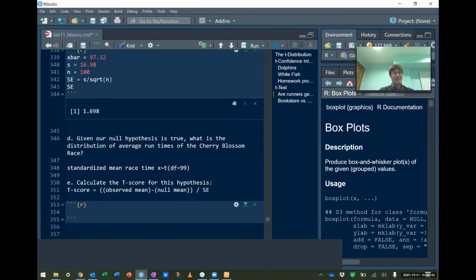Okay, so then we look at what this distribution is. What's going on here for finding our p-value is we look at our standardized mean time, which is this t-score. That is going to be distributed as a t-distribution with 99 degrees of freedom. That's just kind of a theory thing.